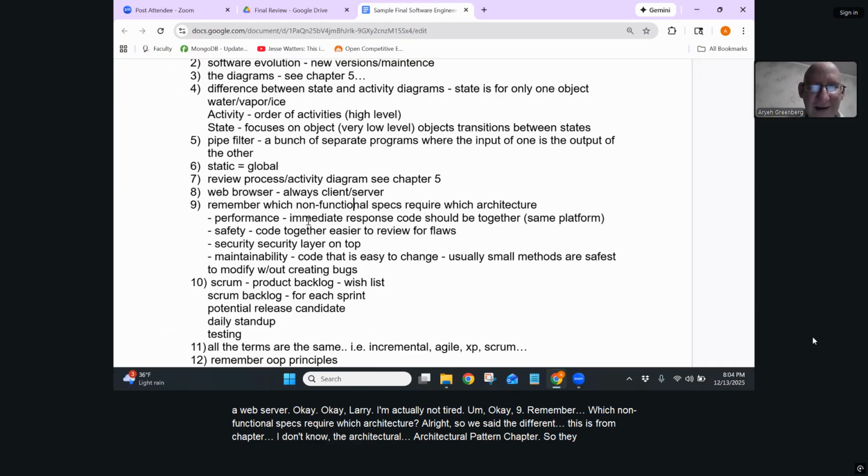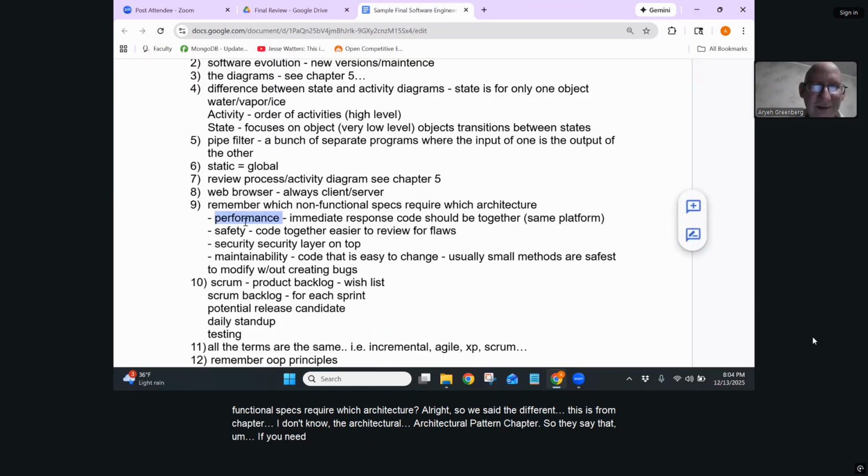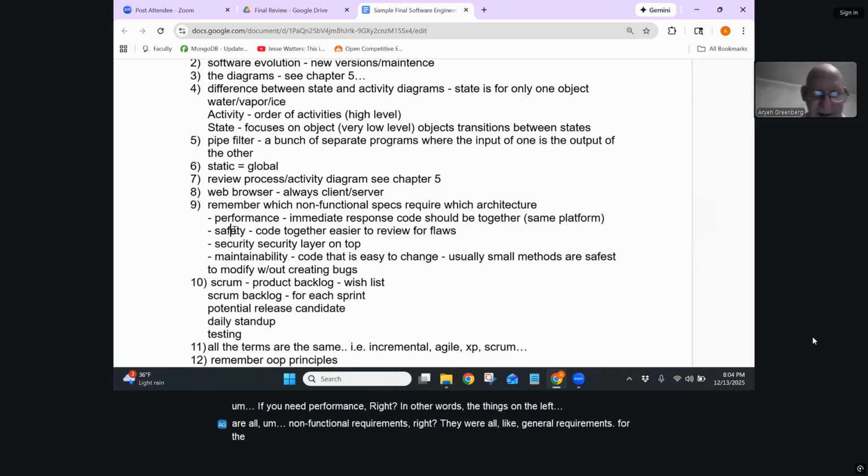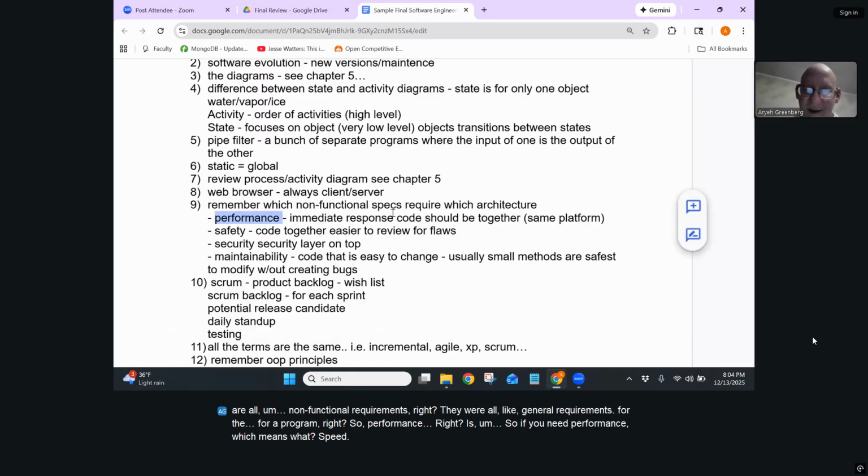They say that if you need performance, the things on the left are all non-functional requirements, general requirements for a program. So if you need performance, which means what? Speed, right?